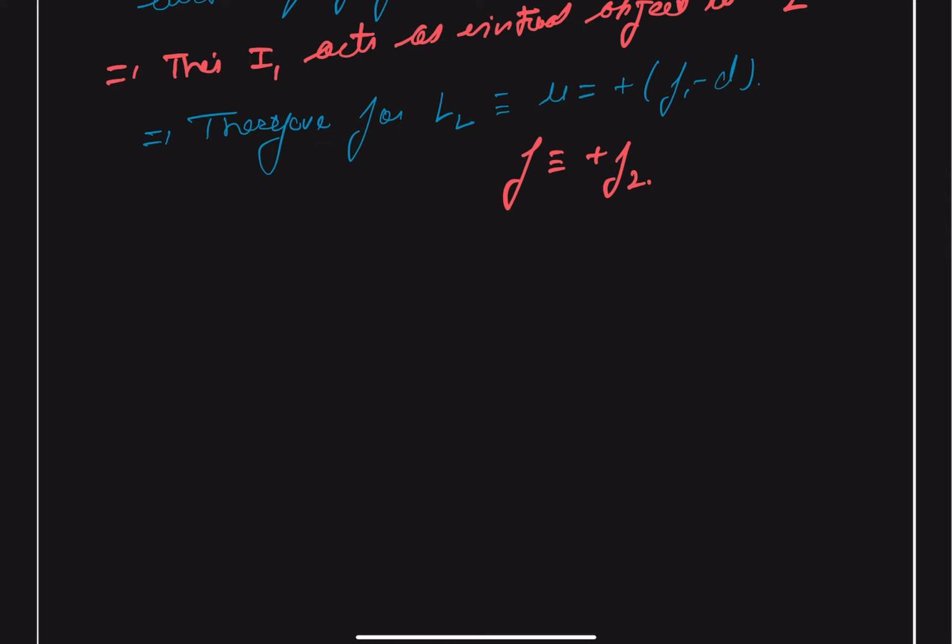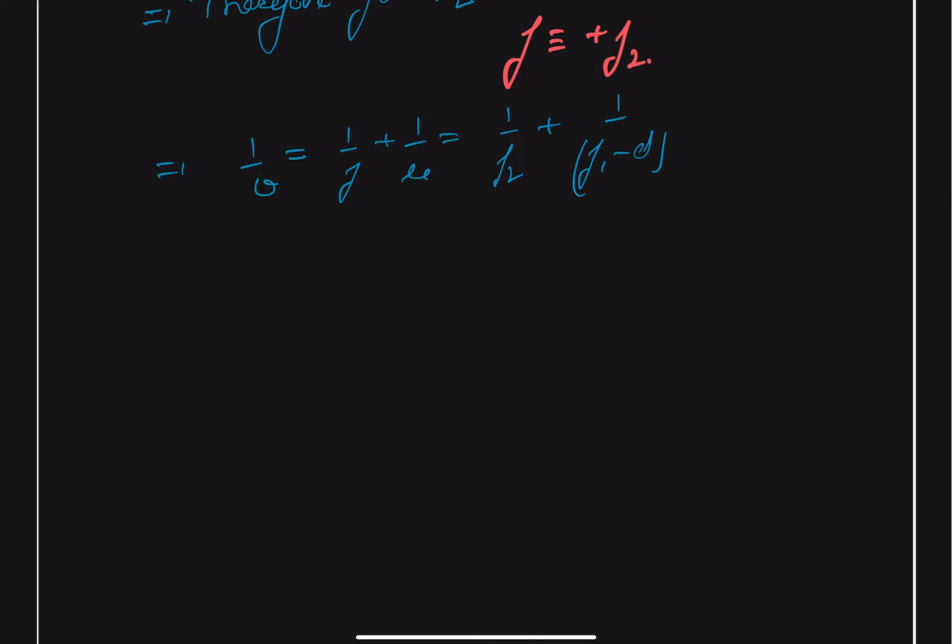Therefore, we can find the image distance for lens L2: 1 upon v is equal to 1 upon f plus 1 upon u, and this gives 1 upon f2 plus 1 upon f1 minus d.